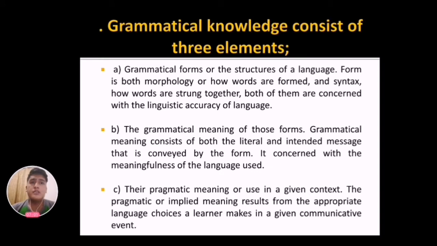So grammatical knowledge consists of three elements. Here we're going to tackle the three elements of grammatical knowledge. Grammatical forms or structures of a language include both morphology, or how words are formed, and syntax, how words are strung together. Both of them are concerned with the linguistic accuracy of language.